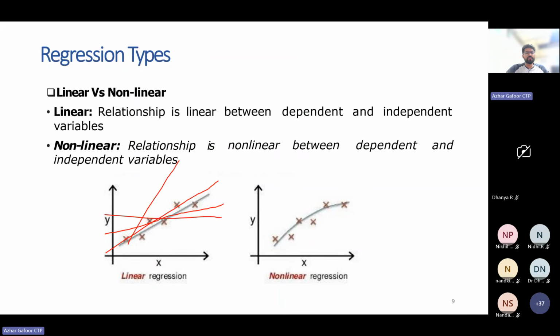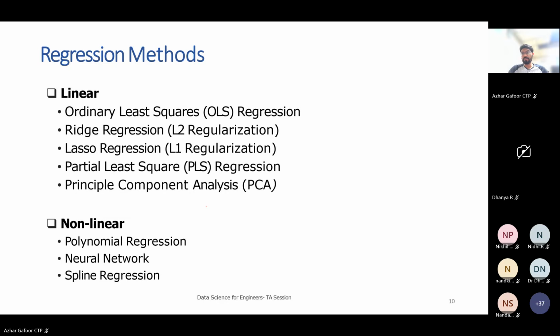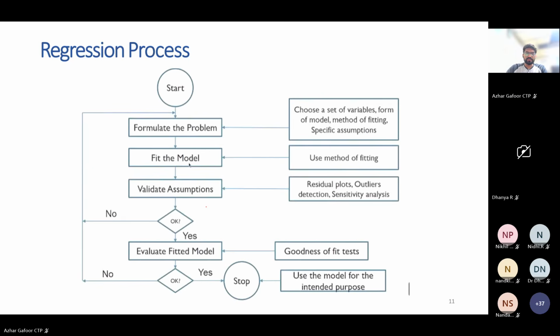Based on the equation ax + b, each of these lines has a different a and b. That makes the slope and the intercept different. The final ax + b will be chosen based on the regression method that we choose. So there comes the model fitting part.